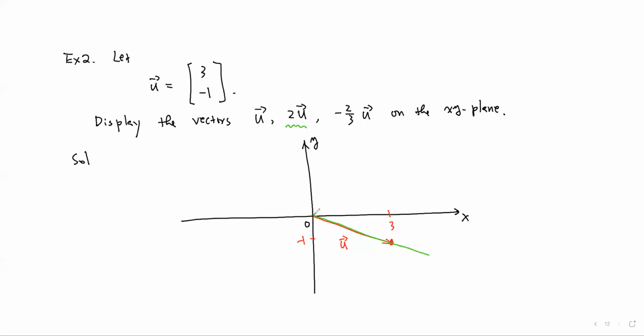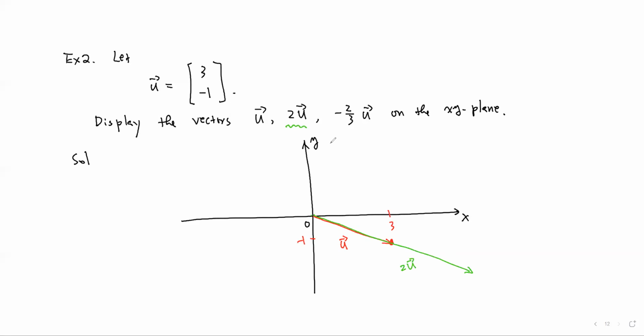Okay, about here. This green arrow is 2u. Because 2 is a positive number, multiplying a positive number to a vector doesn't change the direction. So the red arrow and the green arrow point in the same direction.